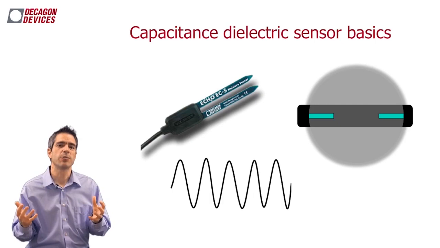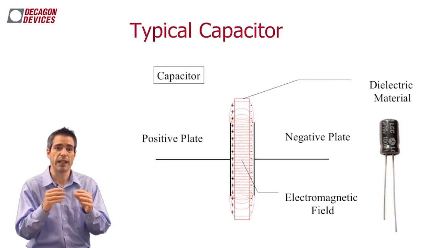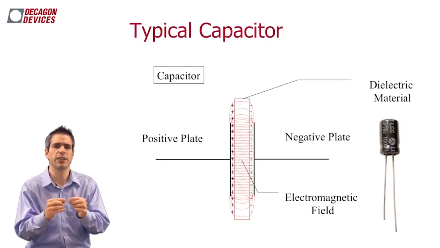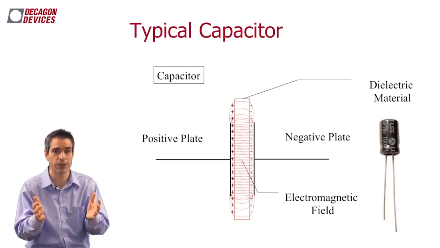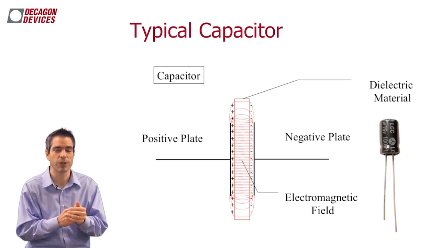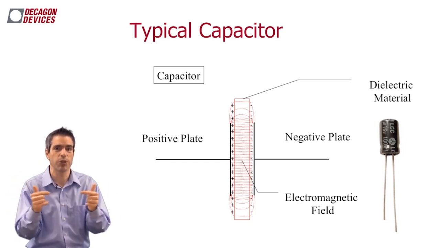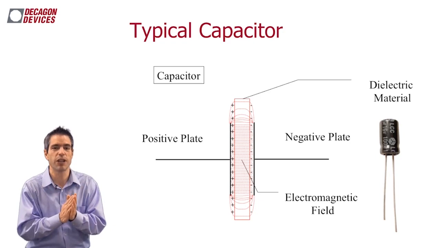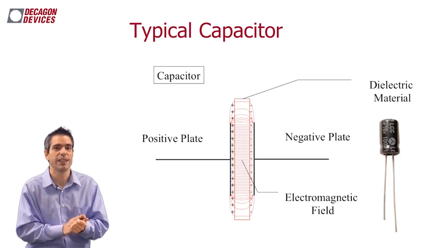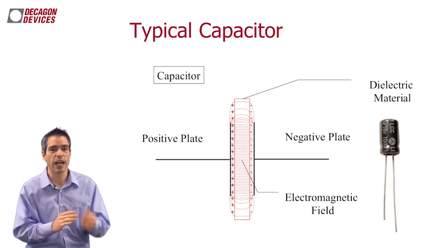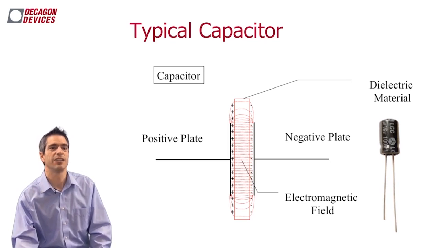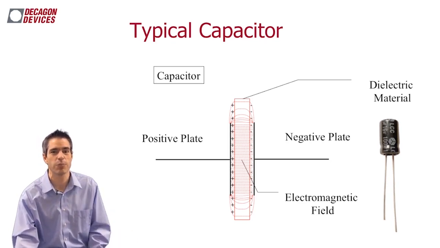Now, I already talked about the idea of the magnetic field, and I don't know if back in that slide I said it was an electromagnetic field. When we have a magnet, of course, it's a magnetic field, not an electromagnetic field. When we have a battery or some kind of voltage source and can produce a field over these two electrodes, of course, now we call that an electromagnetic field. And we have one here on this slide. This is the standard capacitor.